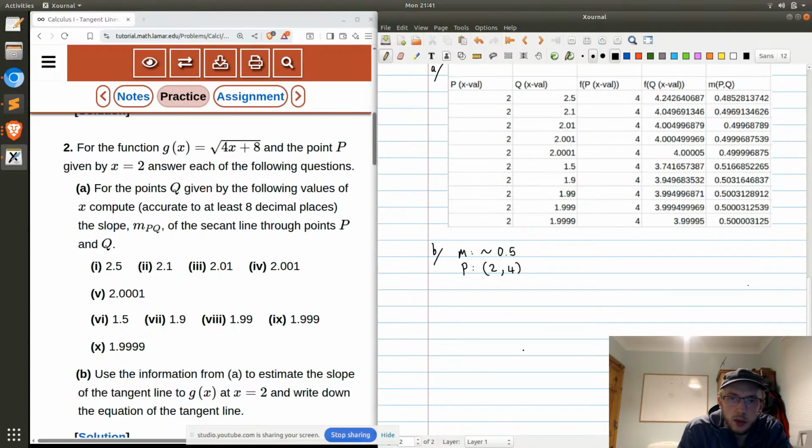And so we use y minus y1 equals m times x minus x1.